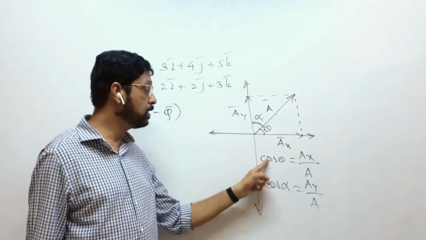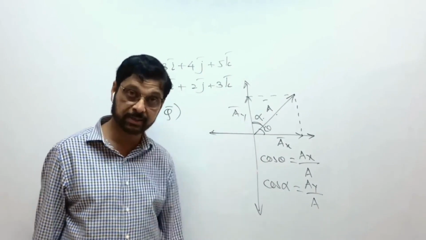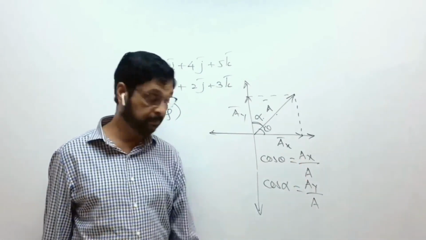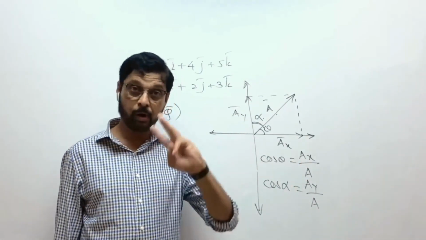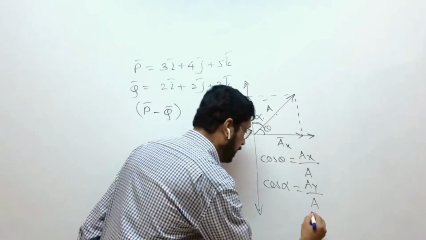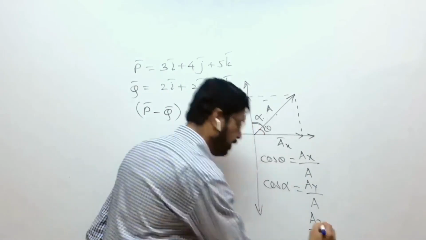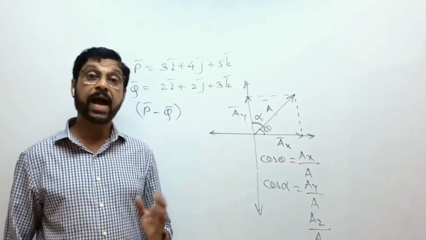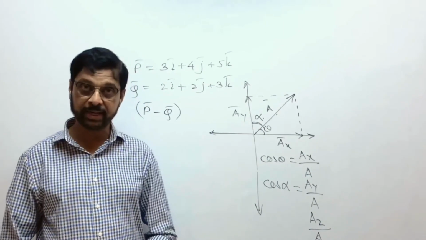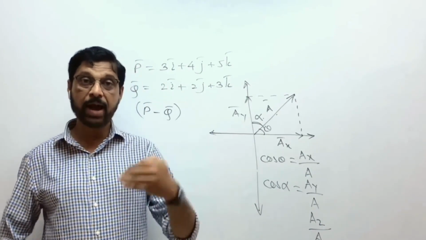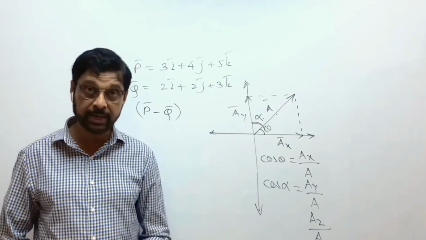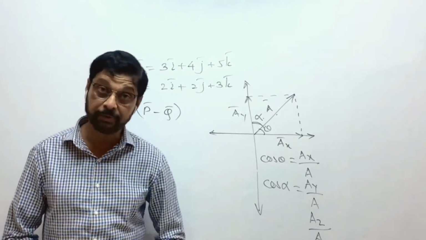These are called direction cosines. ax upon a, ay upon a, and obviously what will be the third? az upon a. These are called direction cosines of a vector.